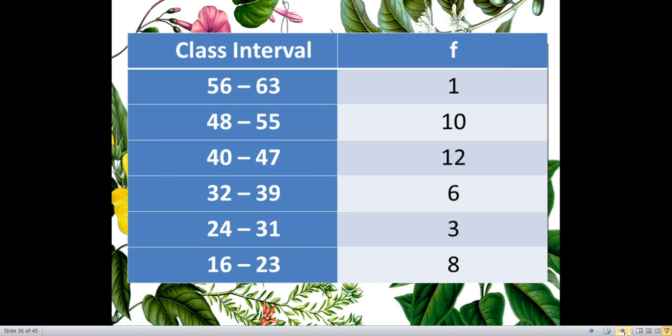So we have 56 to 63 is 1, 48 to 55 is 10, 40 to 47 is 12, 32 to 39 is 6, 24 to 31 is 3, 16 to 23 is 8. We still don't have the sum of the f, so you do it on your own.